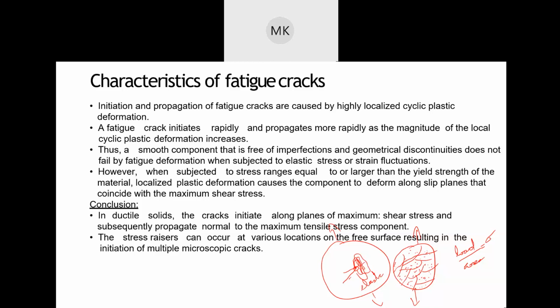And all this takes a long period of time to happen, and all this happens because there is cyclic plastic deformation in the wake of the crack or in the front of the crack, while the rest of the material is still in the elastic region. So no matter if you have hundreds or thousands of these small cracks created, it's only the major crack which is going to propagate and lead to failure.